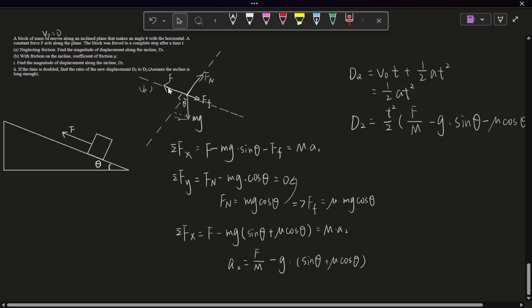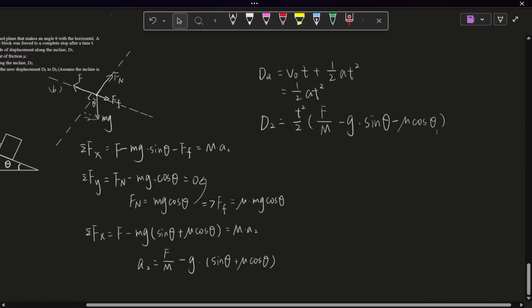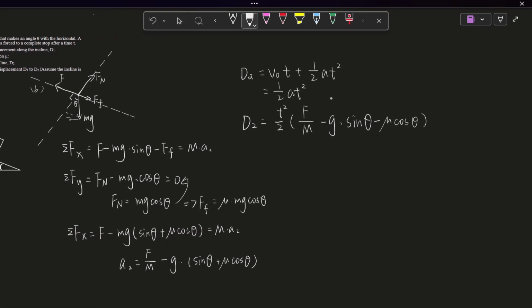Now, if the time is doubled, find the ratio of the new displacement, d3, to d2. Assume the incline is long enough. This is actually free, because you already have the expression for the displacement along the incline of the object. So when t is doubled, d3 will be equal to half a times 2t squared, times this long expression.